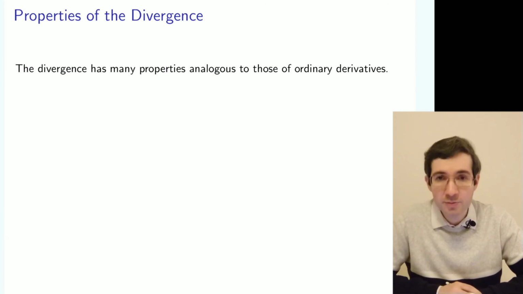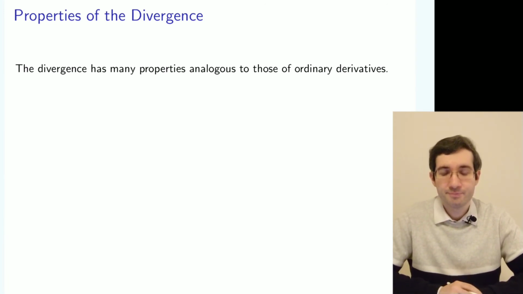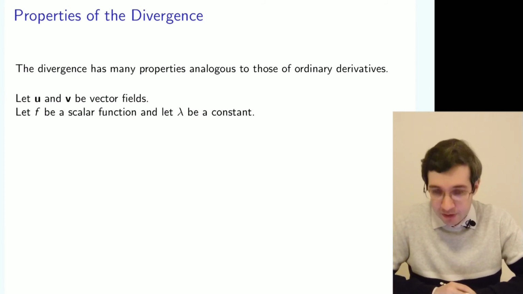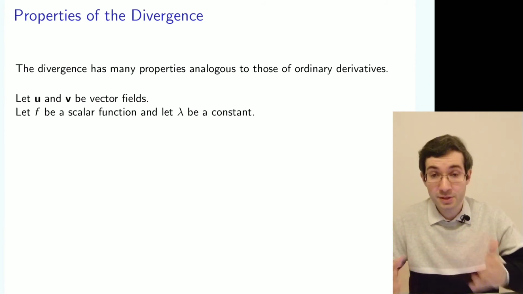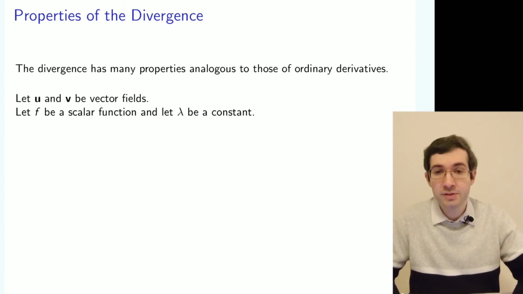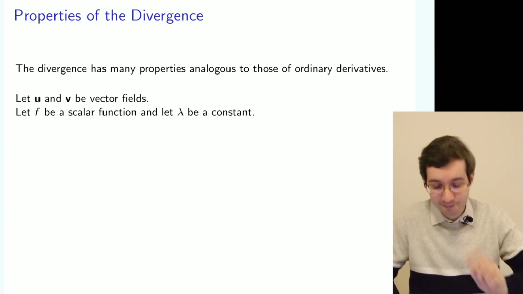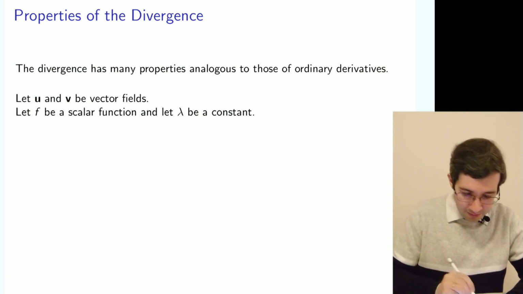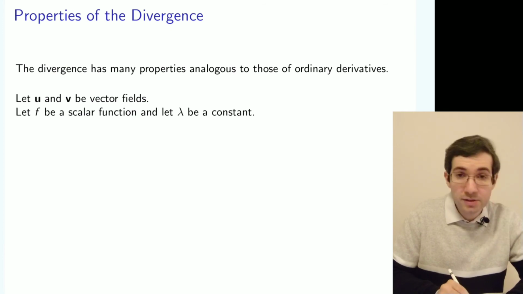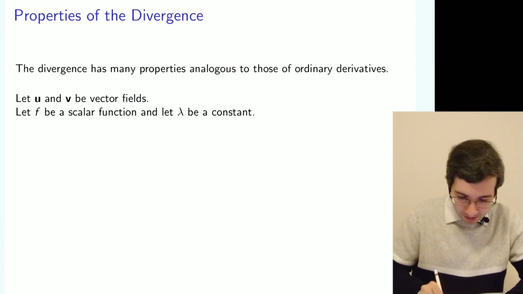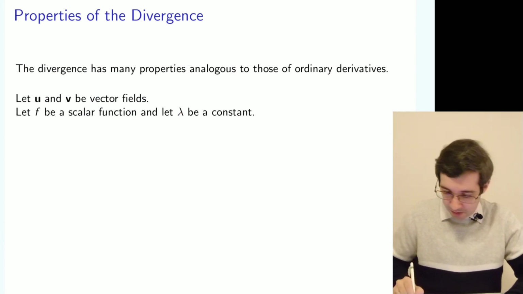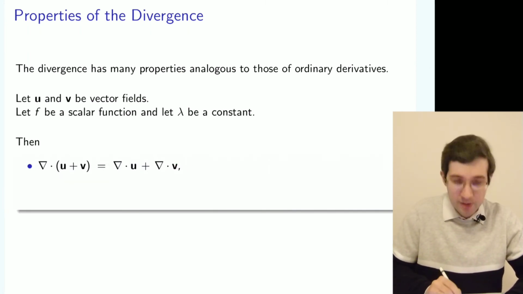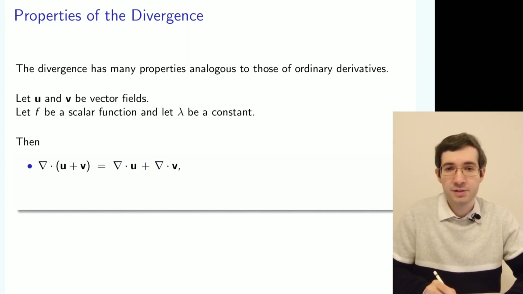Let's also look at some of the properties of the divergence. Again, they're somewhat related to the properties of the derivatives, because the divergence itself also is a derivative, but not a vector. So if you have two vector fields and a function and a constant, then you can show again a linear property like we've seen before, and it's also true for general vectors.